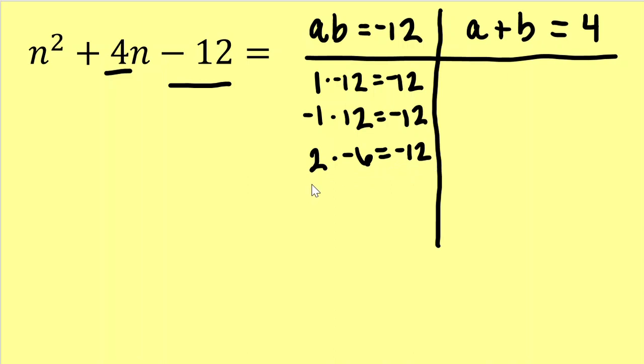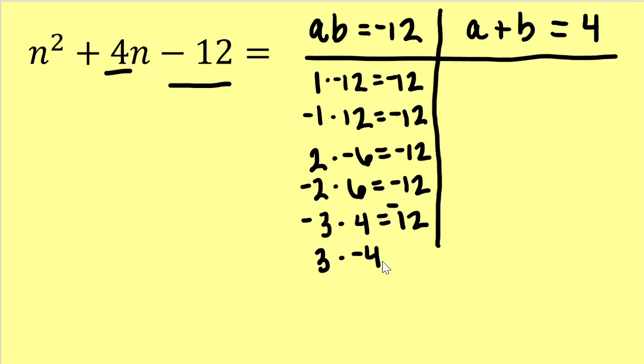We also have negative 2 times positive 6. We have negative 3 times 4. We also have 3 times negative 4, which equals negative 12. And that's going to be it.